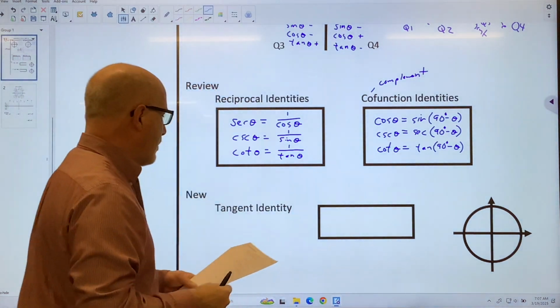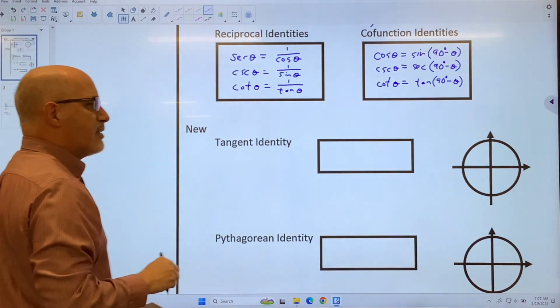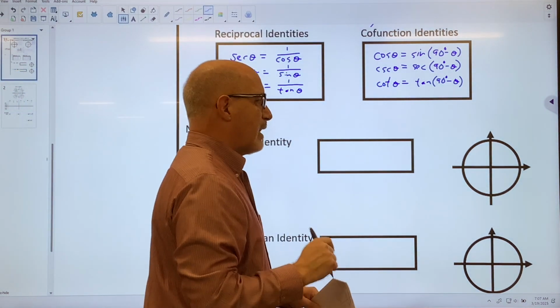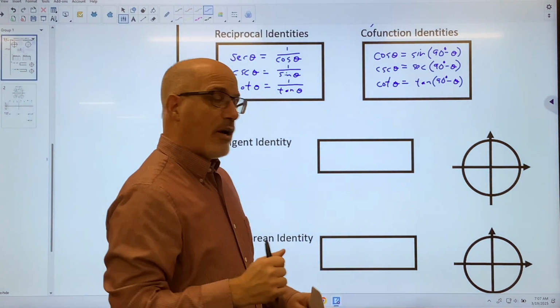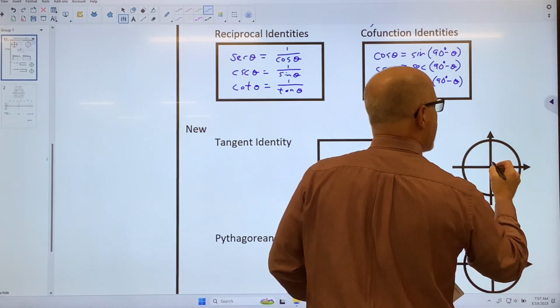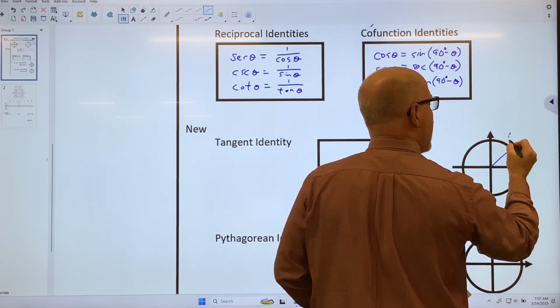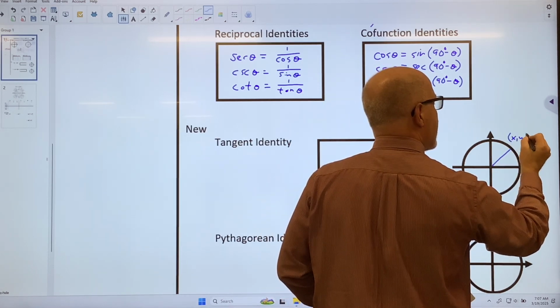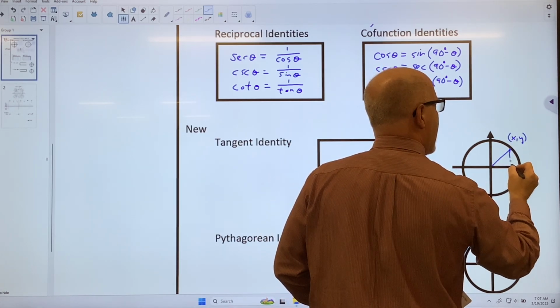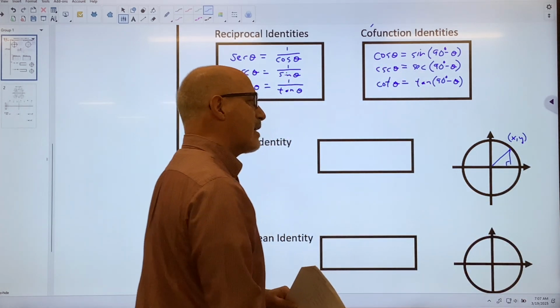All right, now what we want to do is introduce two new identities. So these identities are going to be related to what we've talked about with our x's, y's, and r's. So if I look at my unit circle with x and y here, remember we had these values, x and y.